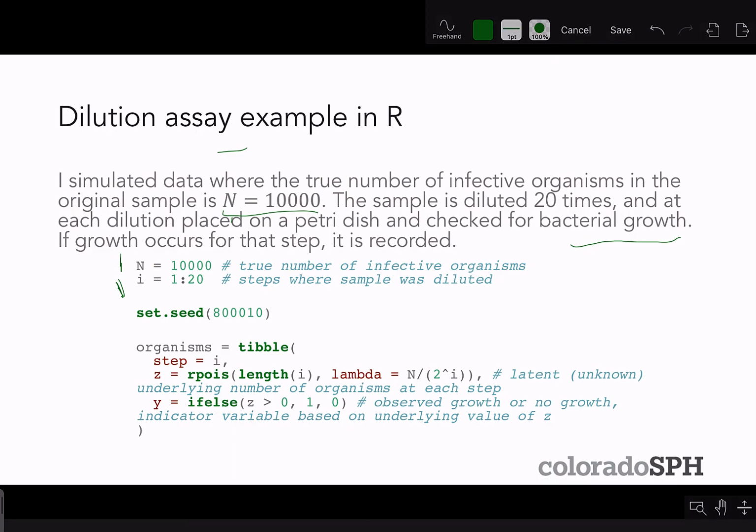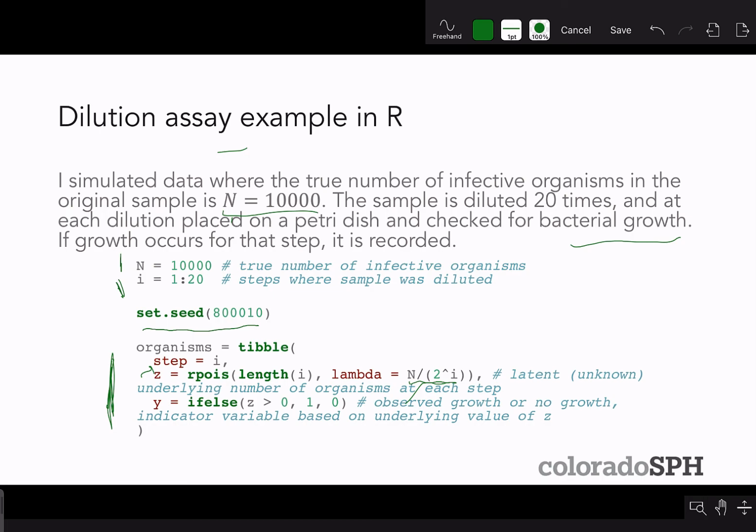I'm going to set a seed because I'm doing a simulation, so I'm going to draw some random numbers. And I'm going to put my data into a tibble that I'm calling organisms, where first you have step, that's related to that i, going from 1 to 20. Z are being drawn from a Poisson distribution with mean given by the details of this problem in earlier slides. And this is going to give you the number of organisms at each step, but this is a latent variable.